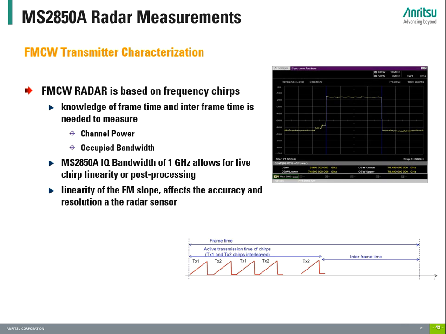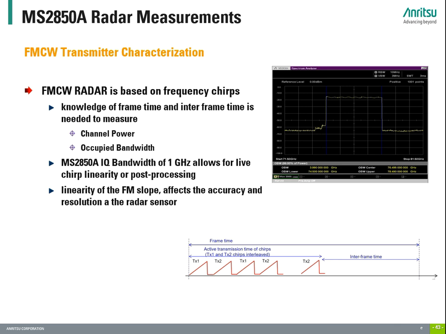FMCW radar is usually characterized by measuring the average output power, the occupied bandwidths, ramp architectures used to measure chirp time, and frame periodicity, and the linearity of the frequency sweep.